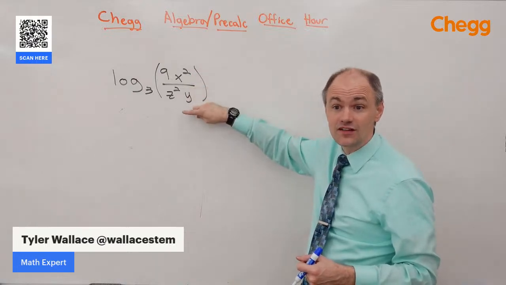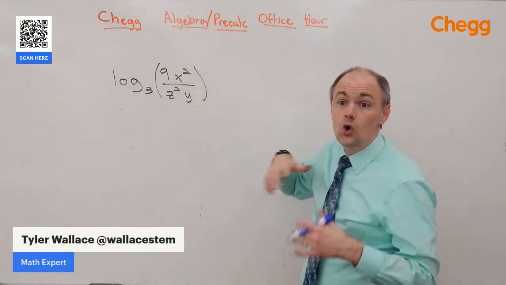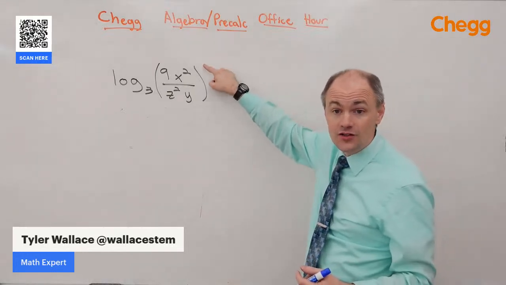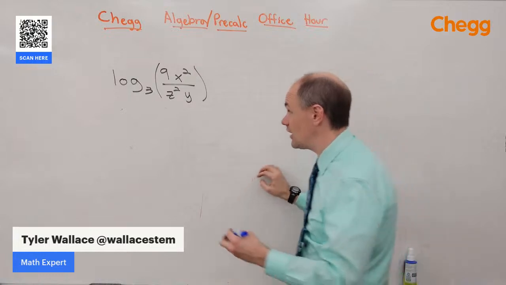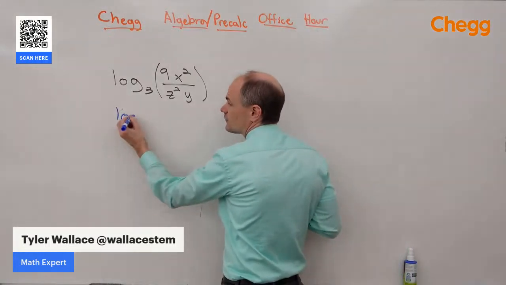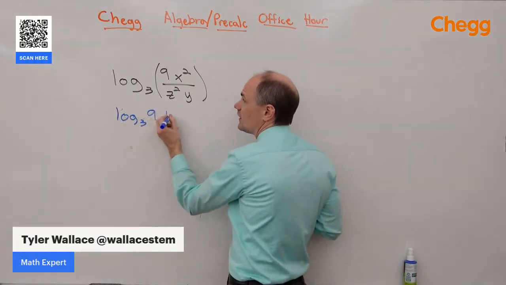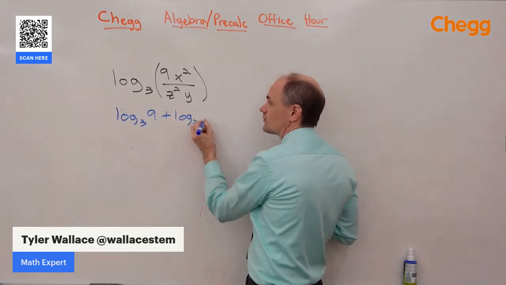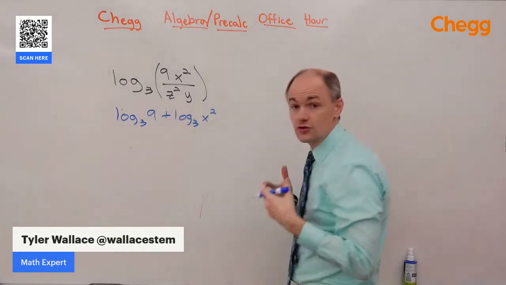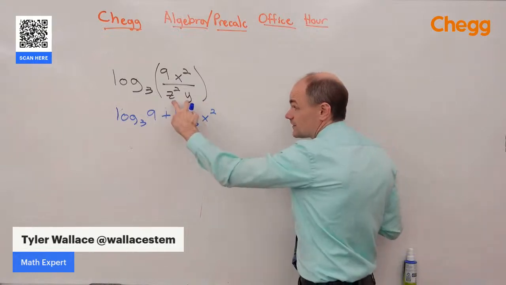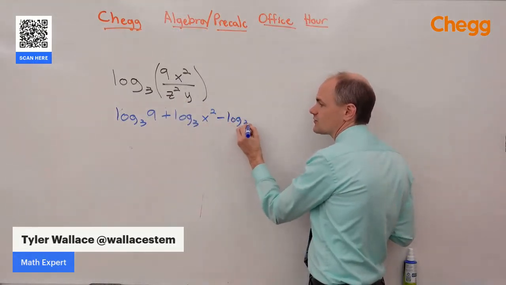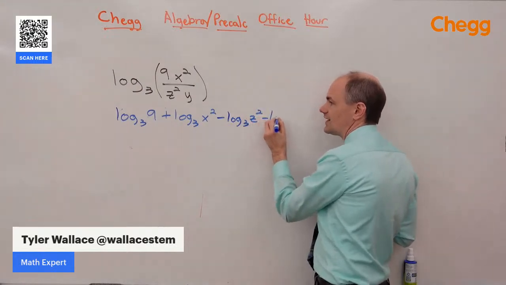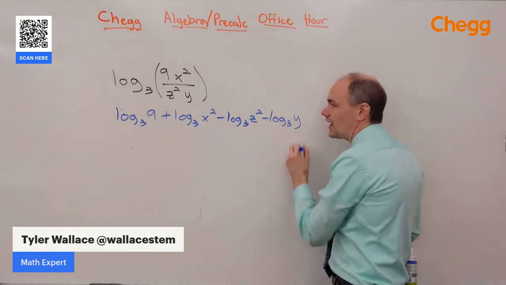Negative exponents go to the bottom, which means all of these tops are going to be positive logs, and the bottom is going to be negative logs. So I've got a positive log base 3 of 9 and a positive log base 3 of x squared, because those are on top. The ones on the bottom are negative because they're negative exponents. I've got a negative log base 3 of z squared, and a negative log base 3 of y.